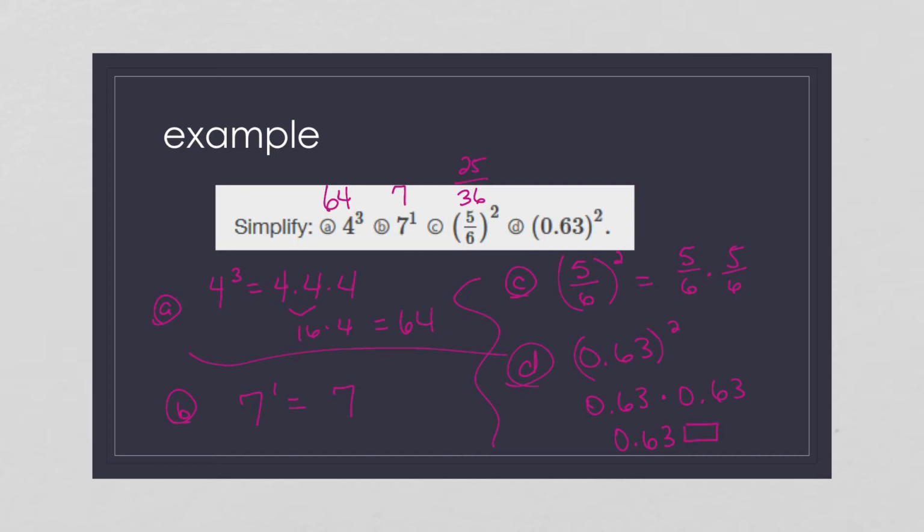It says x to the second power, and it automatically makes it look like this on my calculator. Then I just hit enter and it gives me this answer, 0.3969. Also, you could just type in 0.63 times 0.63. This method right here will save you a fraction of a second, and those fractions add up.